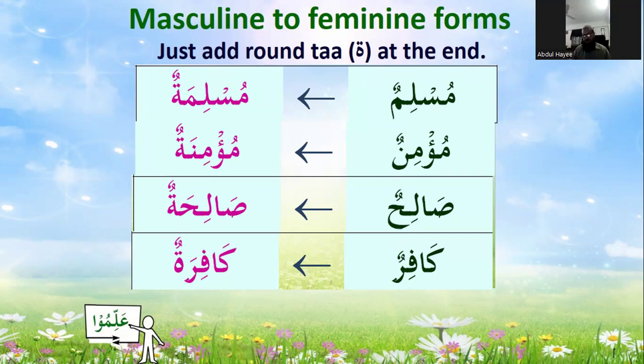But if I say Muslim, then I will say Muslimah. So now, for the purpose of emphasis and for us to understand very well, we will pronounce the tanween. So it is Muslimun, Muslimatun, Mu'minun, Mu'minatun, Salihun, Salihatun, Kafirun, Kafiratun.